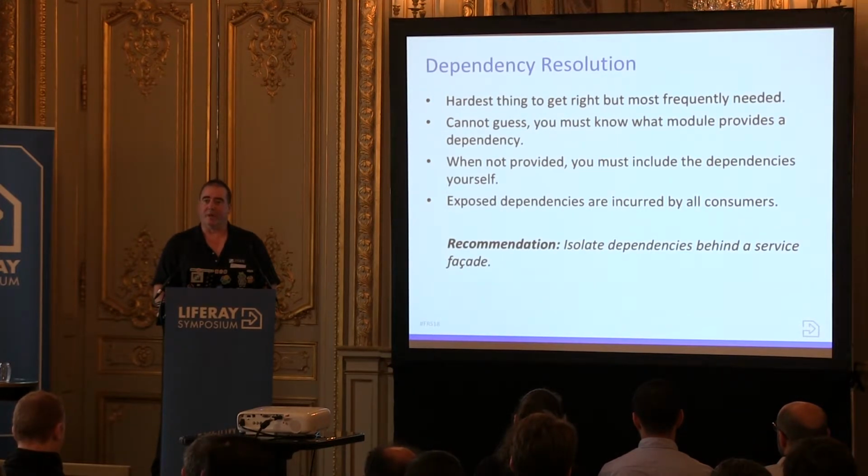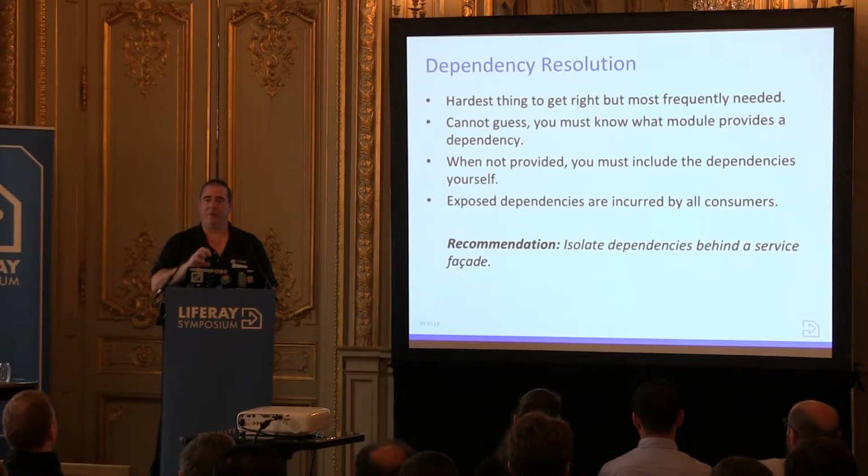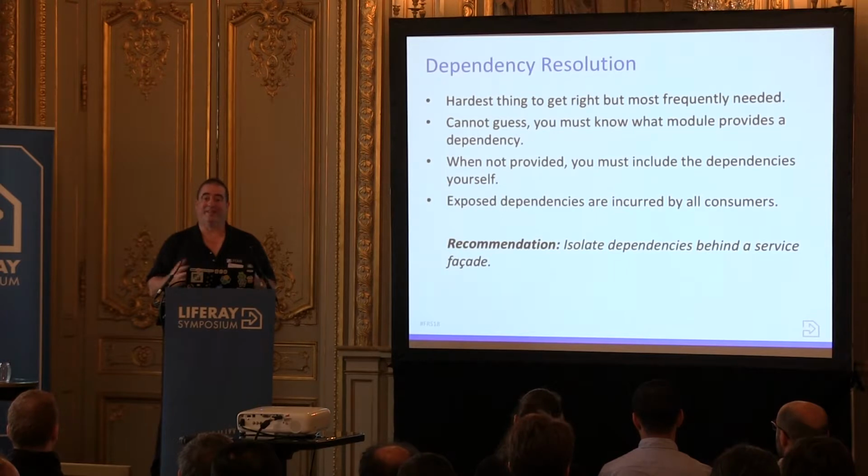Dependency resolution is probably the hardest thing to get right in OSGi development. When you create a module, you're obviously going to have dependencies on other libraries. It's very hard to write a complex module that doesn't depend on something else.